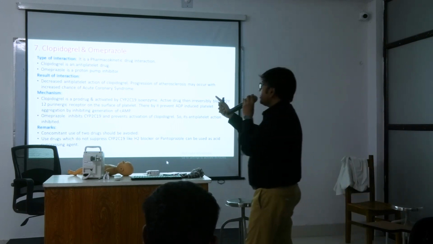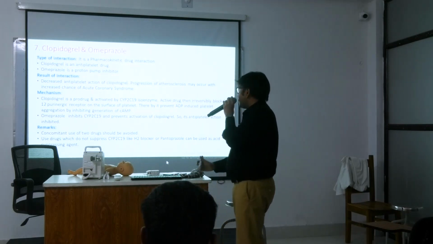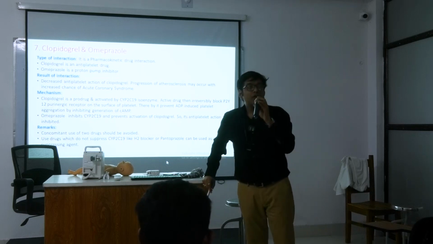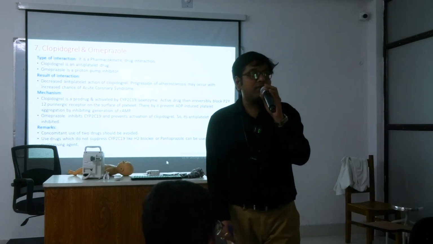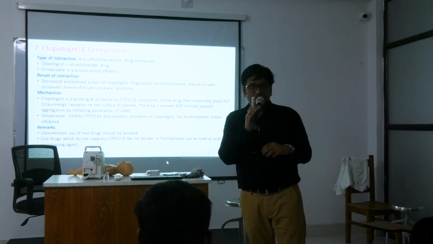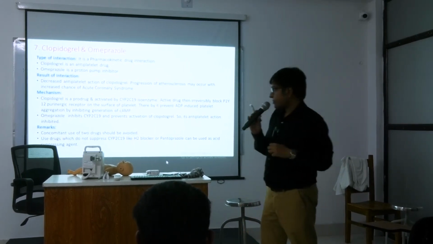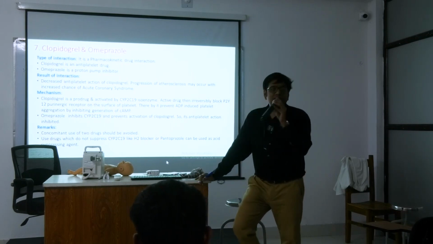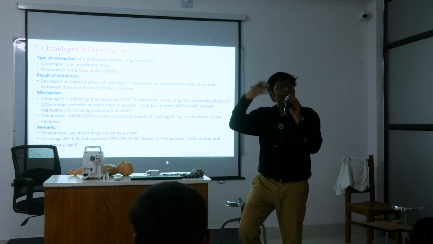So clopidogrel is activated by an enzyme called cytochrome P2C19. Clopidogrel is activated in the body by cytochrome P2C19, or 19, whatever. 19 is better to say. Yes, cytochrome P2C19. What does omeprazole do? So who is activating clopidogrel?